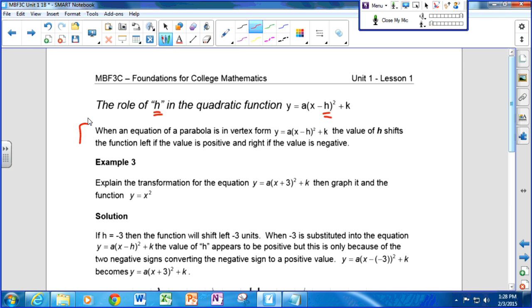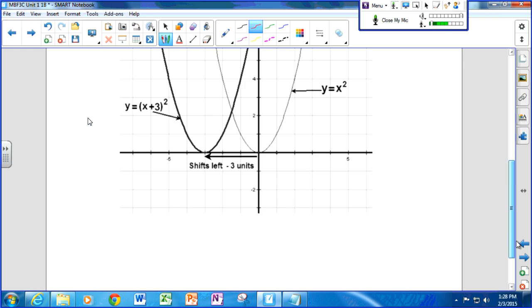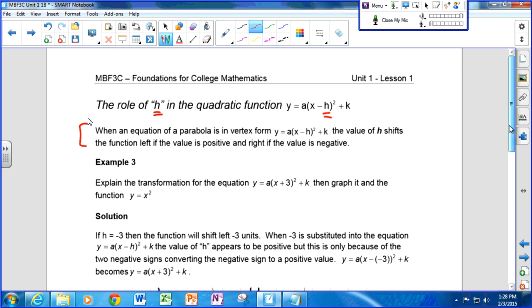This is on page 8, so try to listen to my explanation here. It says when an equation of the upper parabola is in vertex form, the value of h shifts the function left if the value is positive. Now, this is the part that's a little problematic here.